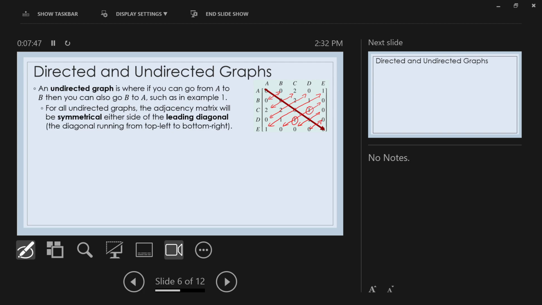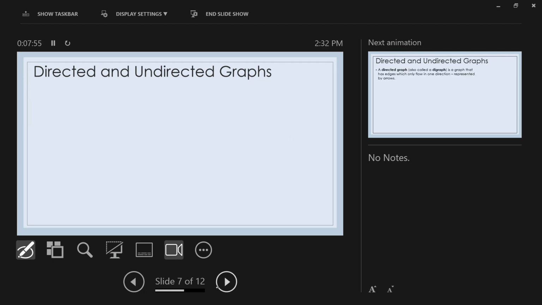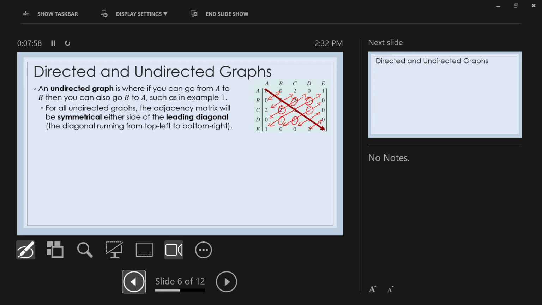So the 1 matches up with the 1, 1, 0, 1, 2, 2, they all match up. Given we have symmetry within this, it means that it is in fact undirected. As soon as we don't have symmetry across our leading diagonal, it means that it is in fact a directed graph.